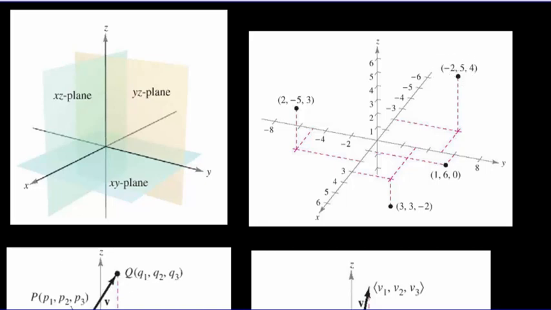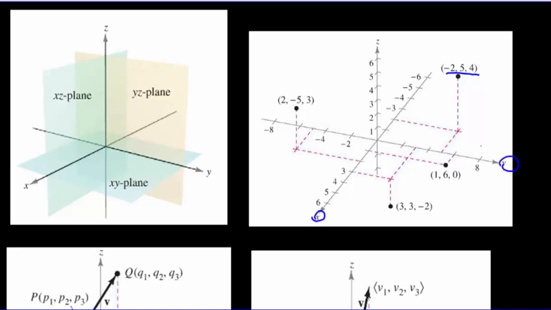So we have points like this, -2, 5, and then the z coordinate, the 4. The way we would plot that point is to go over on the x to a -2. This is the x-axis right here. The y-axis is here.